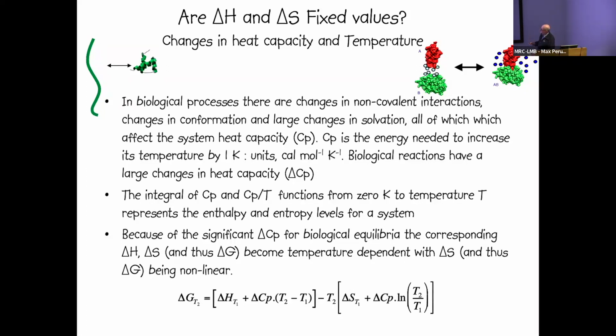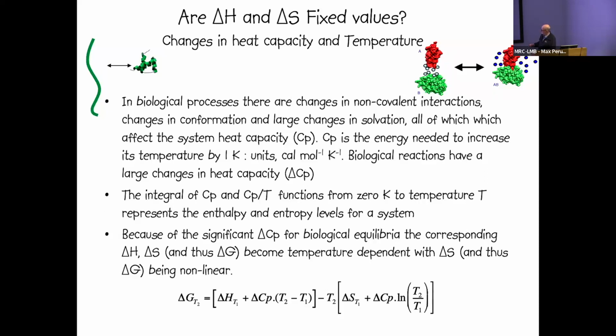And heat capacity is important because the integral of the heat capacity function, or the integral of the heat capacity divided by temperature function, from 0 Kelvin up to the temperature that you're working at, represents the enthalpy and entropy levels for the system. And therefore, because of the significant change in delta Cp, both delta H and delta S become very temperature dependent, and also therefore delta G, since it's a product of the difference of these two parameters.